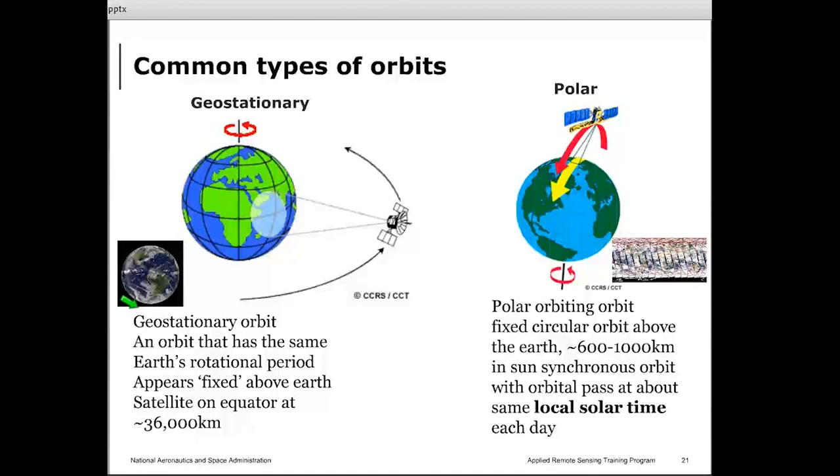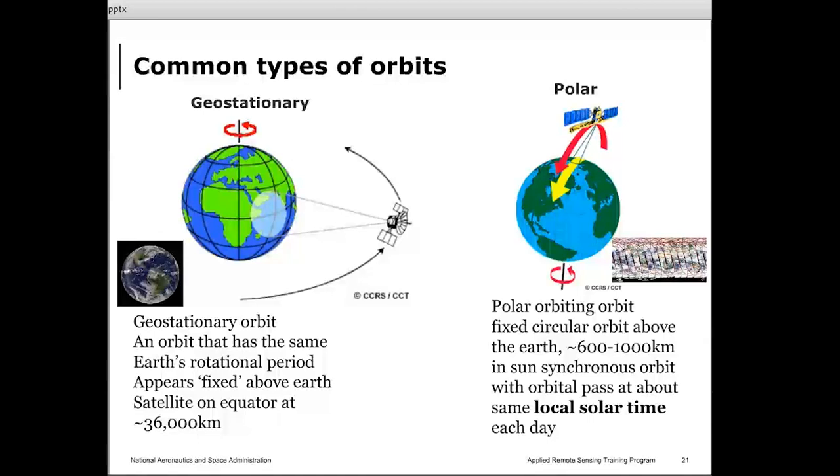Most Earth remote sensing satellites are in low Earth orbit, and these low Earth orbits are basically polar orbits. Polar orbiting satellites provide a more global view of Earth. These satellites move around the Earth from pole to pole, as you see in the picture here.